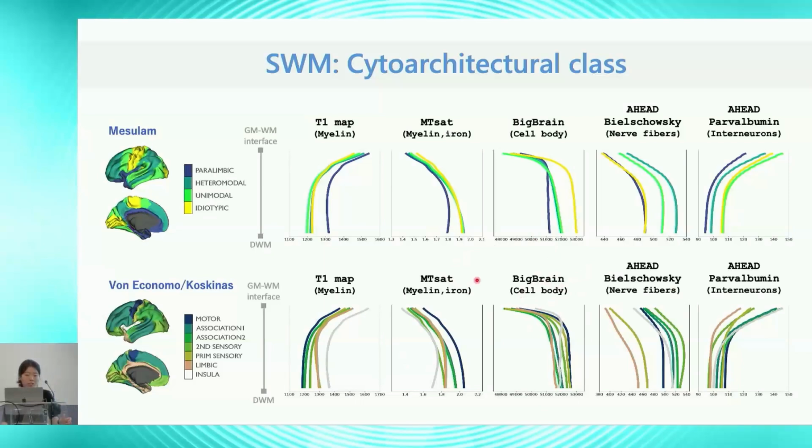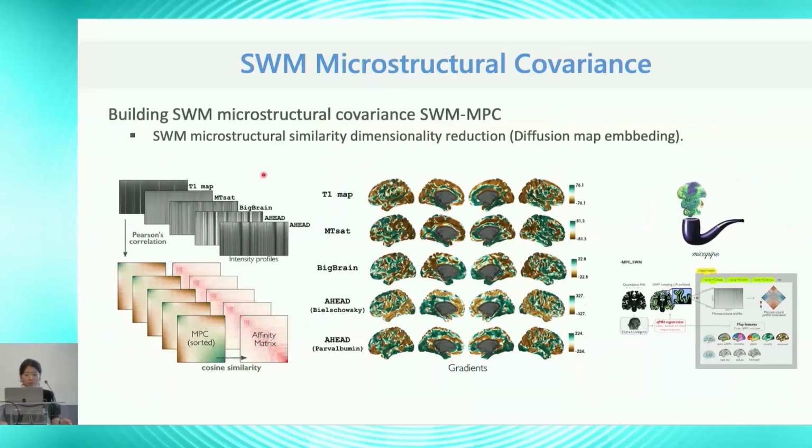So to better understand the superficial white matter architecture, we have implemented a method that combines superficial white matter covariance analysis with dimensional reduction. First, these vertex-wise intensity profiles were cross-correlated, resulting in microstructural profile covariance matrices that represent vertex-specific similarity in each quantitative MRI and histology feature across the superficial white matter.